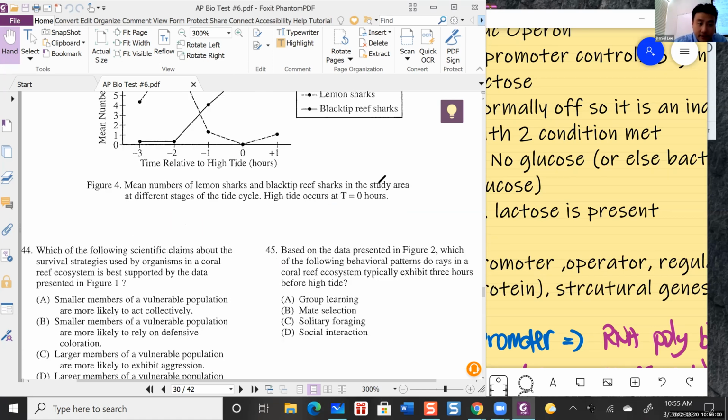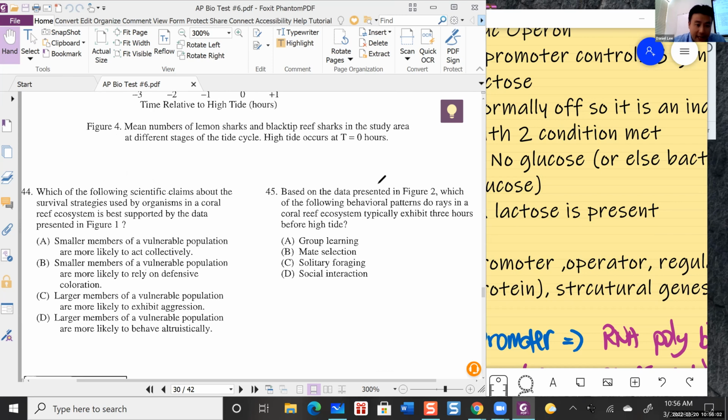All right, number 44. Which of the following claims about the survival strategy used by organisms in a coral reef system is supported by data in figure 1? So figure 1, 44, we talked about it. The answer key says A. Smaller or vulnerable populations are more likely to group, act collectively. That's a fancy way to say group.